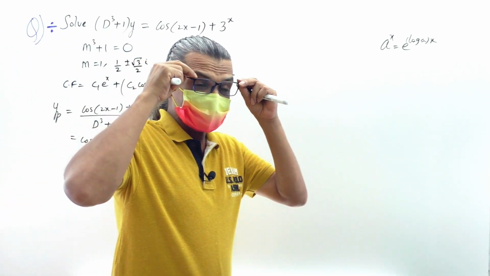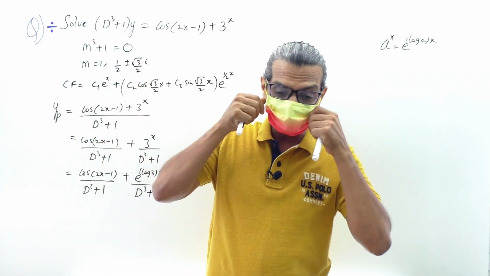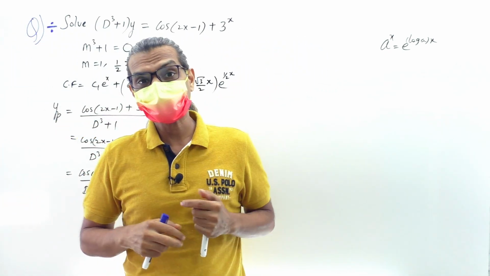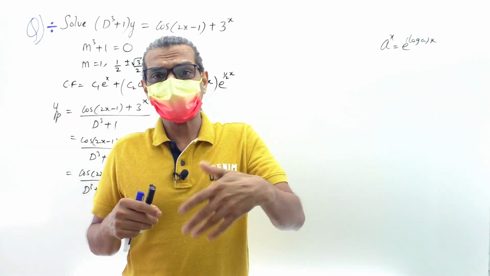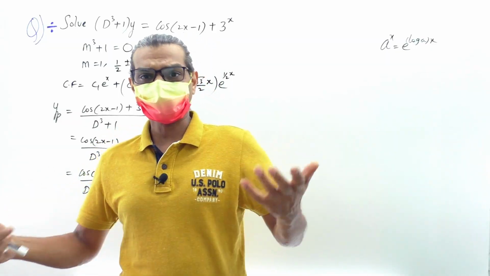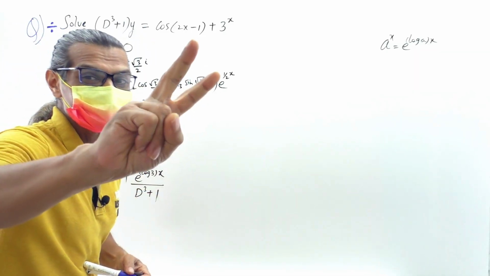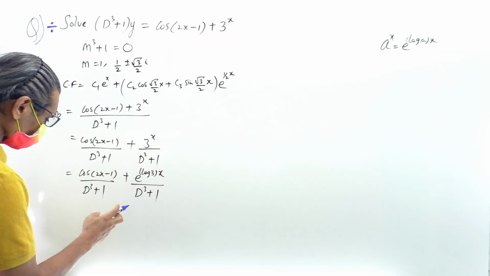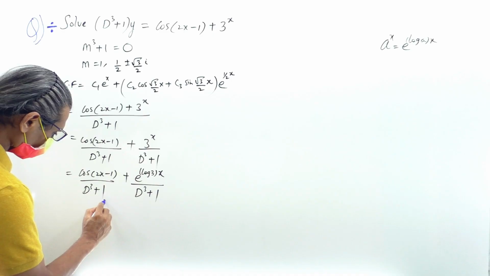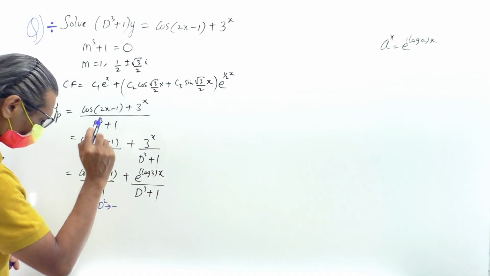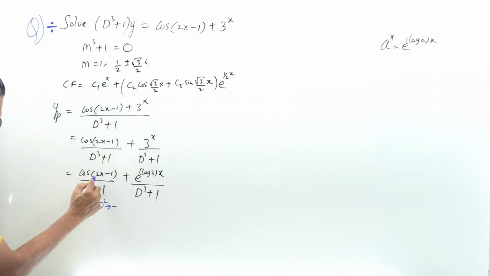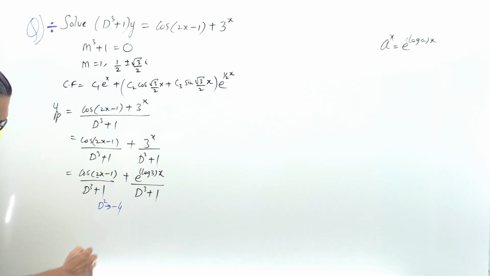If the numerator in finding yp is of the form sin ax or cos ax, or sin square, cos square, sin a cos b, whatever sine form, then it is always type number 2. In type number 2 we only replace D square by minus a square. What is a here? Cos ax, a is 2, so minus 4.